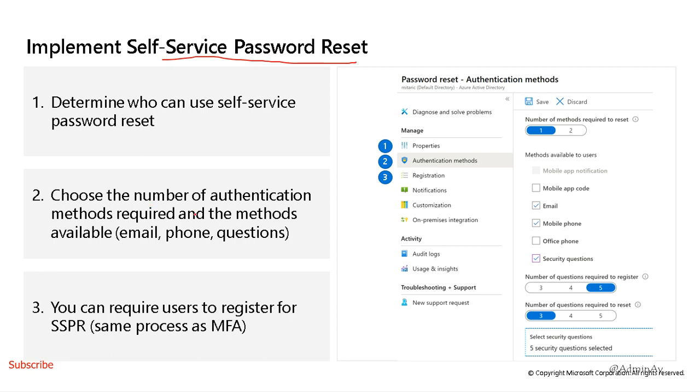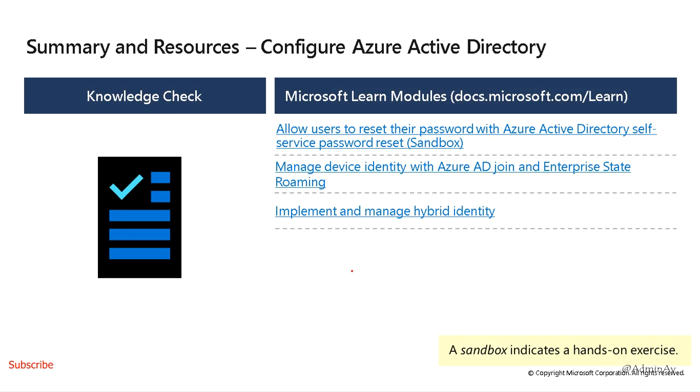You choose the number of authentication methods required and the methods available. We are going to work on this, and you can require users to register for the self-service password reset just like the MFA. We are going to do that in practical. So let's go ahead and reset a password using the Active Directory self-service password reset.